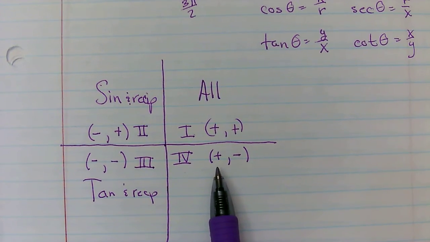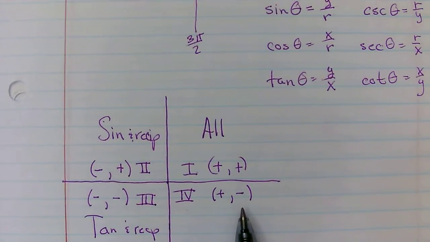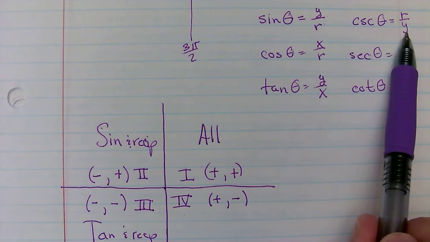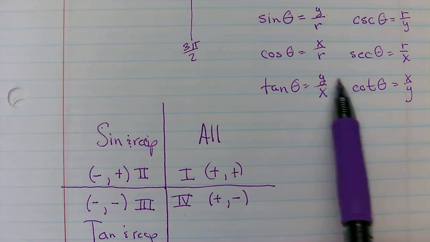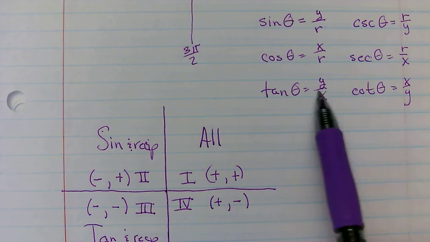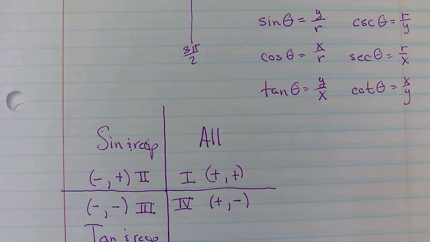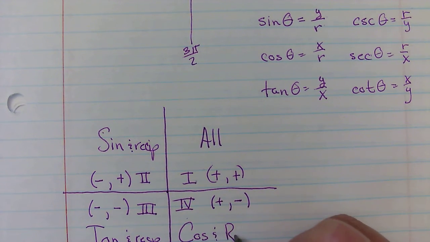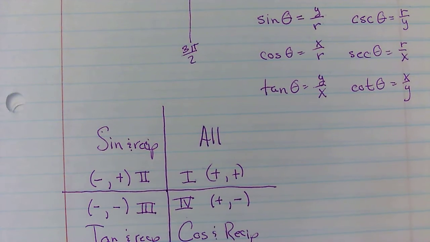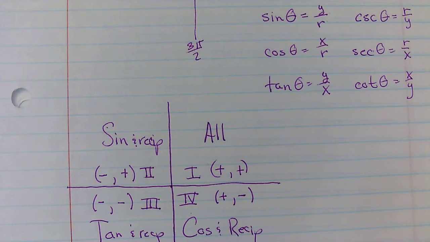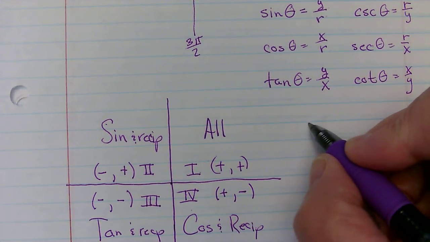And in the fourth quadrant, when x is positive and y is negative, then the ones with y in them are going to be negative, and the ones with x in them without y are going to be positive. So cosine and its reciprocal will be positive in the fourth quadrant, and all the other trig functions will be negative.